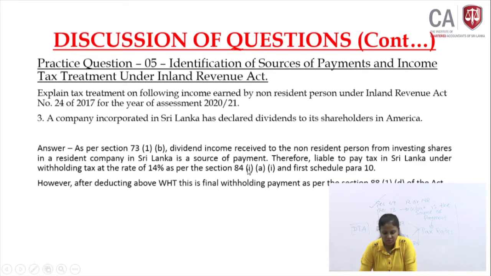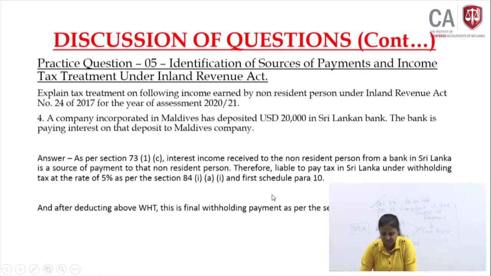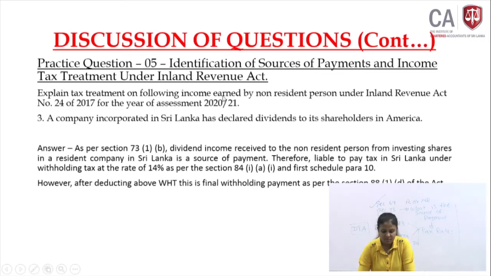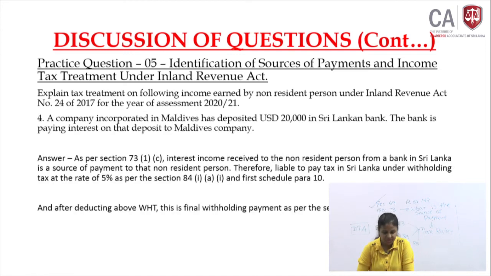I am not telling you to write all these sub-provisions in your answer, but at least write as per section 84 and section 73. These things please include in your answer. And the final one, however, after deducting the above withholding tax, this is a final withholding payment as per section 88 1d of the Act. Okay. That is the discussion of the third question.